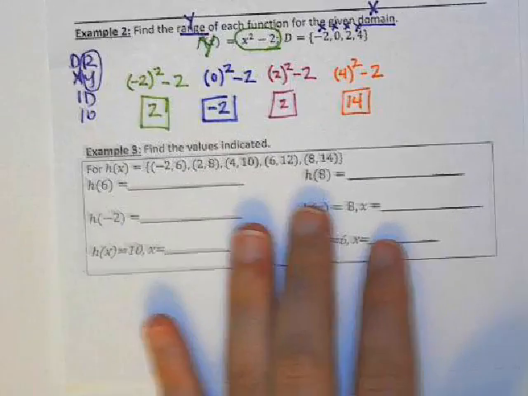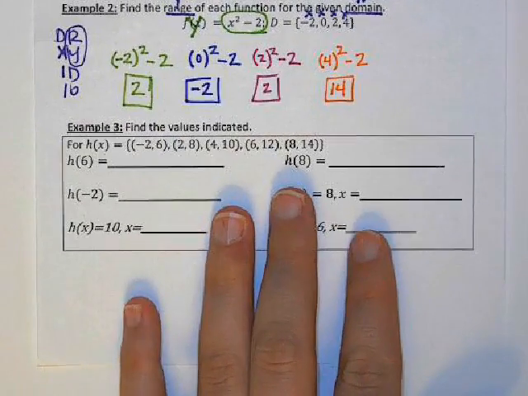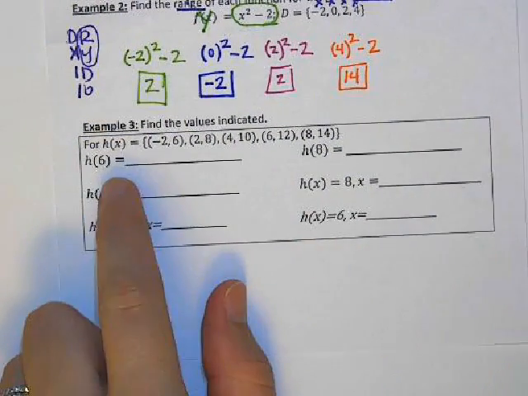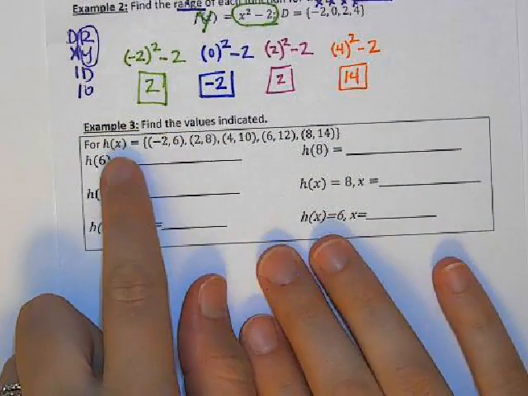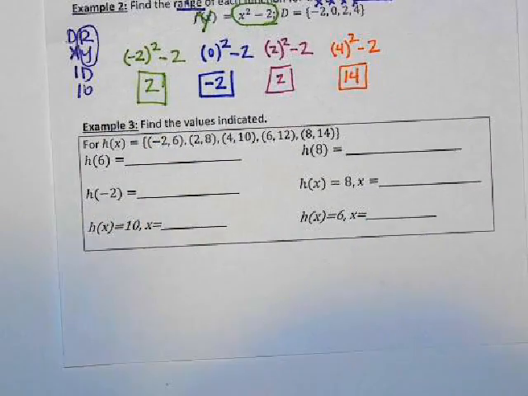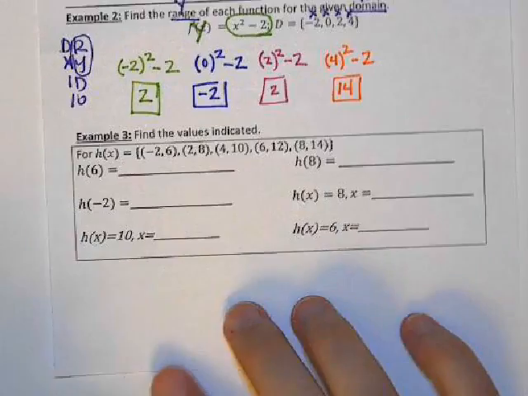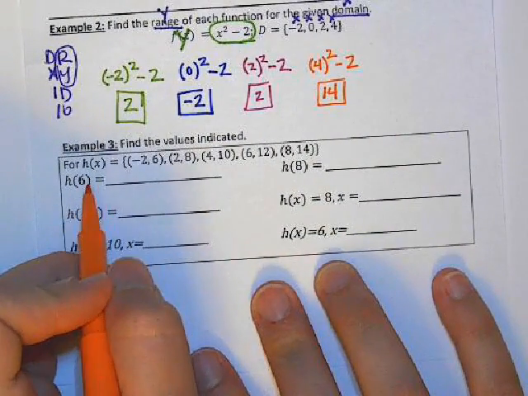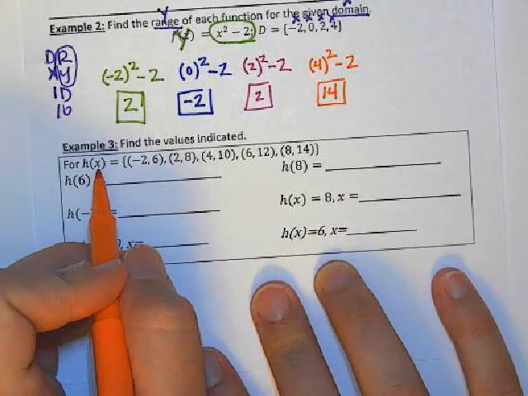Okay, last one, example 3. Okay, right here, it says find the values indicated for h of x, and then it gives me all these ordered pairs, right? So looking at h of 6, 6 is in the what spot? Oh, it's in the x spot.